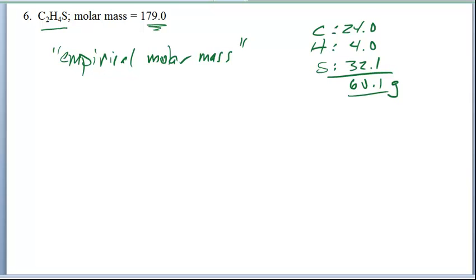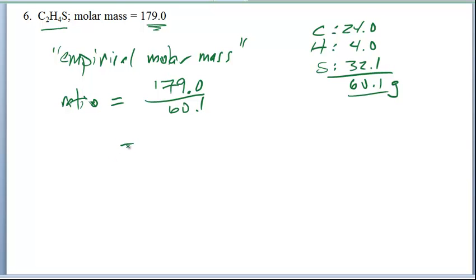So that factor, or that ratio, would be 179.0 divided by 60.1.